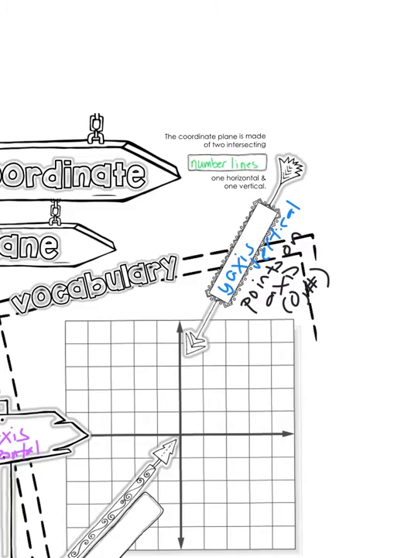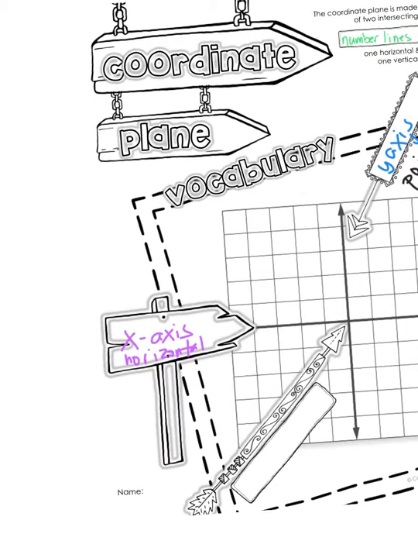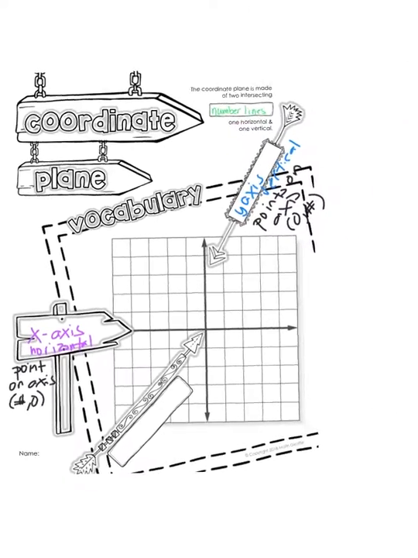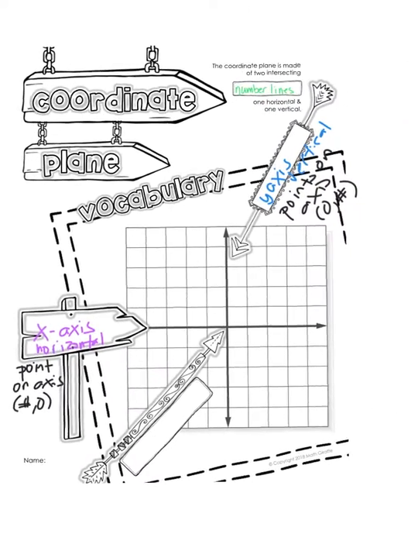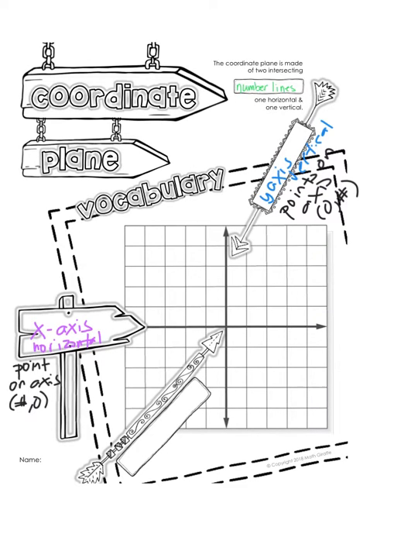And then if they are on the x-axis, they are going to be the number and 0. So those are our two main parts of the coordinate plane.